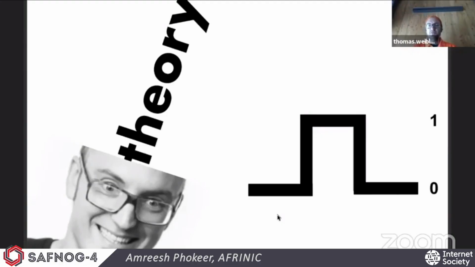What you see here on the slide, beside my head and the word theory, is a rectangle shape of a signal. This rectangle shape represents a signal having two events. On the right side, you see the event of 0 and 1, and this represents 1 bit, basically. So we got an event of 0, and we got an event of 1, and this gives us a signal.